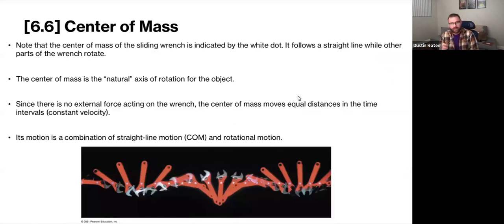So note that the center of mass of this sliding wrench down here is indicated by the white dot. And I'm going to see if I can show that. So here's the center of mass all the way across.